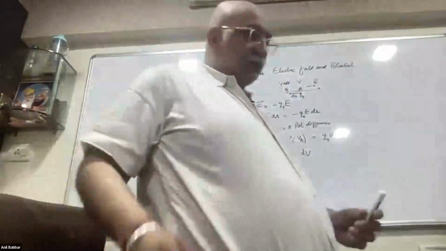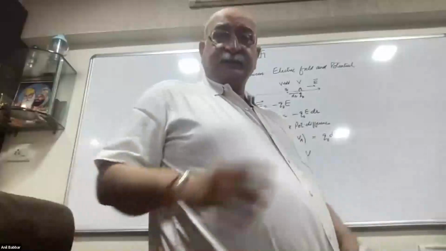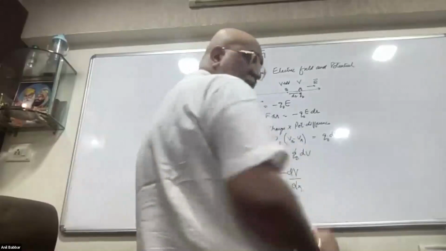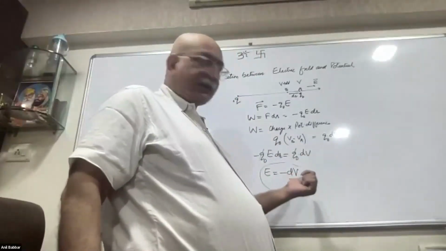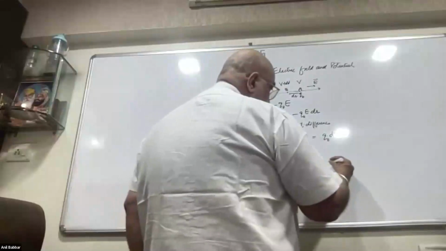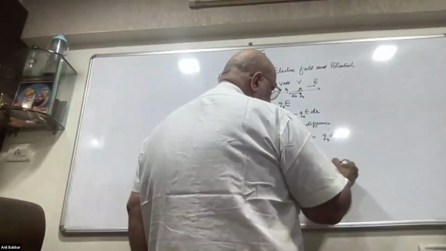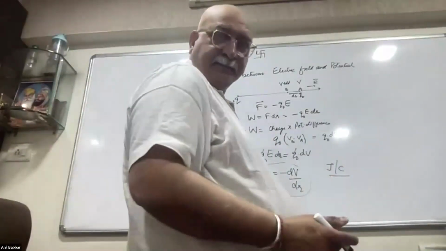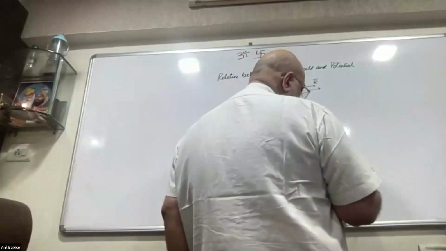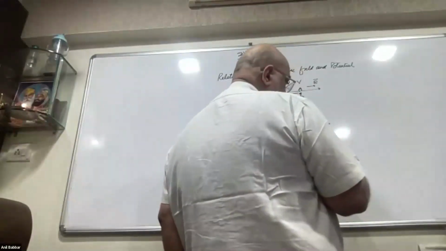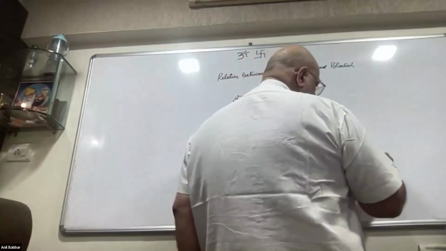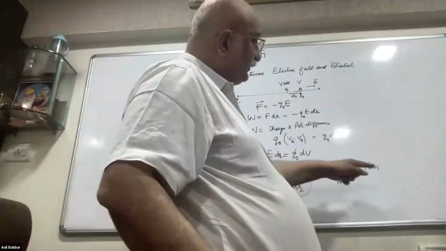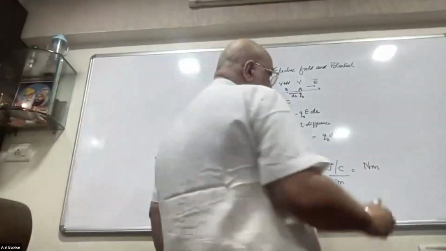How? Because this question is normally asked in the MCQs or the 1 markers. Fine. So what is this volt? Volt is work done per unit charge, so this is joule per coulomb upon dr, which is nothing but a distance, meter. Joule is work done, which is force into distance, that is Newton into meter per coulomb.